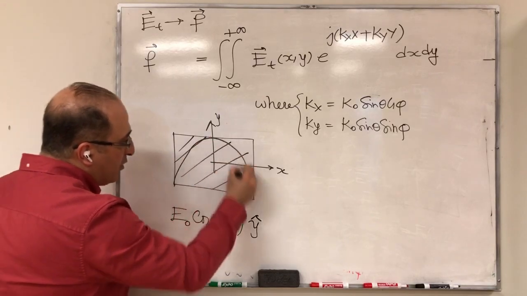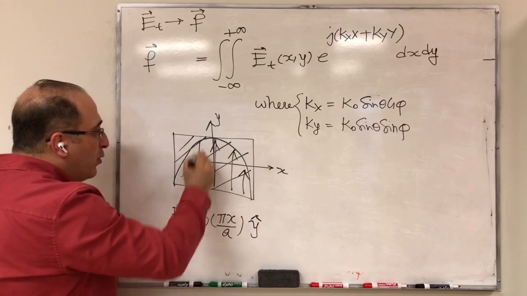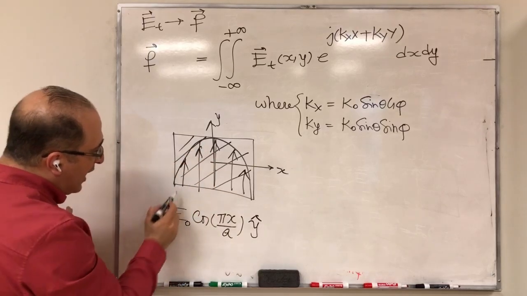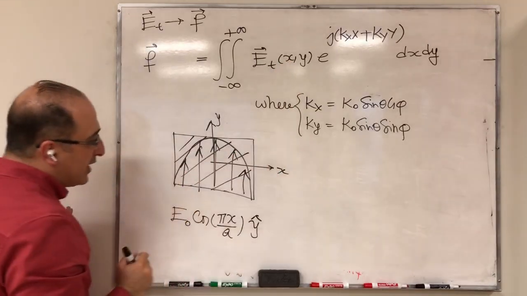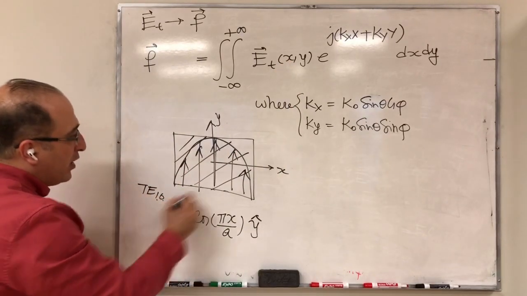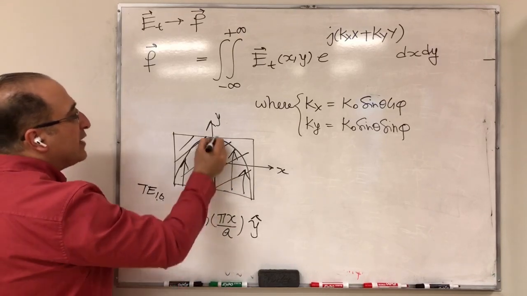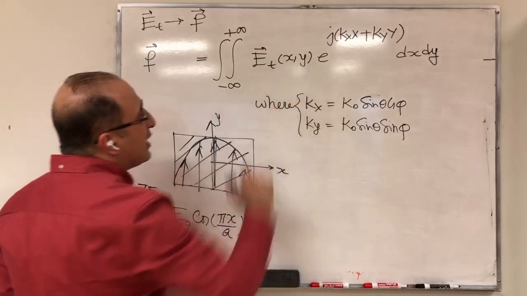So because this was my electric field, right? This is the TE10 mode. So as you move along x, your E changes. So that's the dependency on x. But because this particular mode is 1, 0, we don't have any dependency along y. So you don't see any y here. But in general, you can have a y.